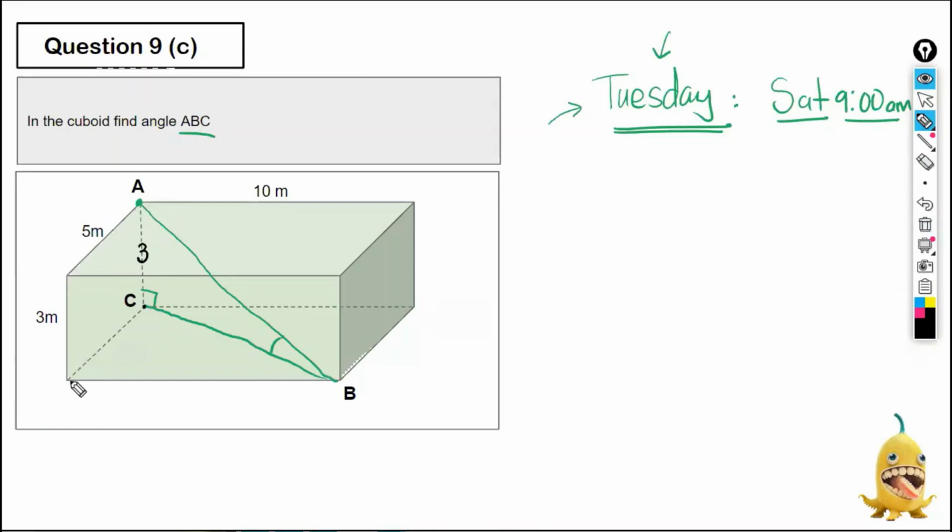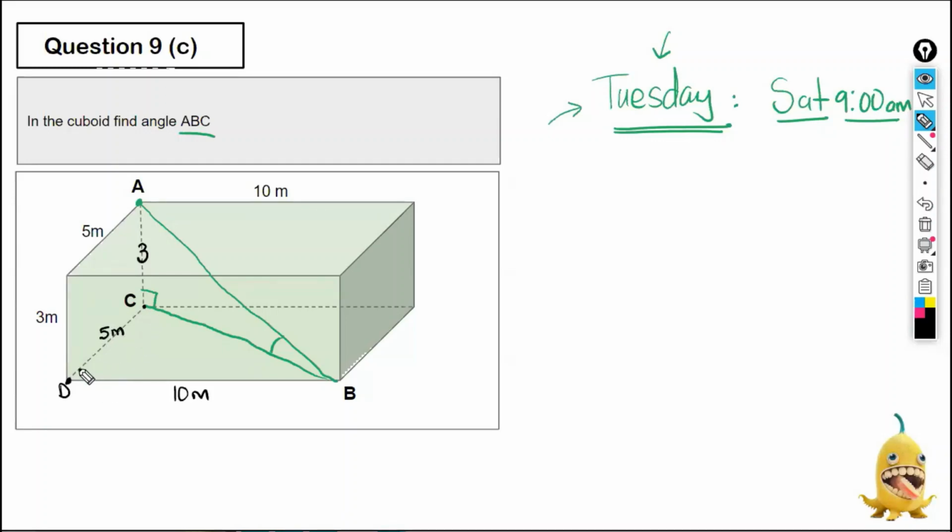Now, don't get me wrong, from here to here is 10 meters, because if here is 10, then here is 10, and here is 10. And what's the distance from here to here? Let me put a letter, I'll call it D. What's the distance from C to D? C to D looks like how much meters? 5, right? Definitely 5 meters.